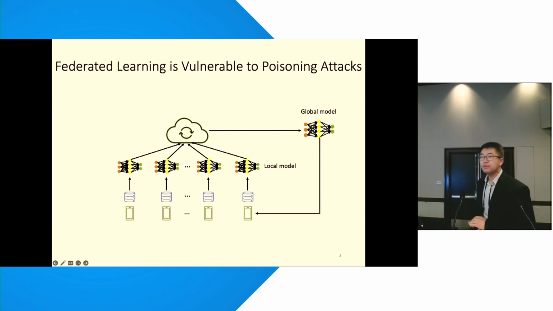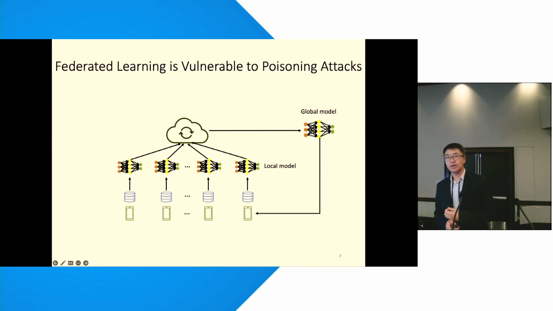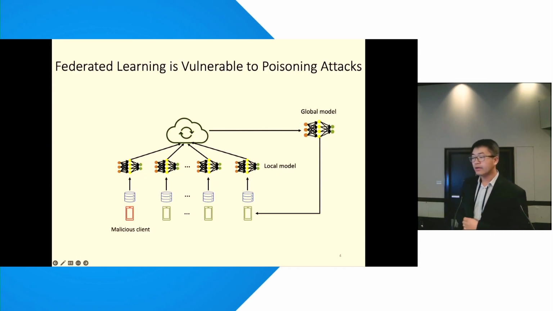As you can see, federated learning is essentially a distributed system. Due to its distributed nature, it is fundamentally vulnerable to poisoning attacks. In particular, an attacker may have control over some malicious clients. These malicious clients can arbitrarily poison their local training data, which are known as data poisoning attacks.